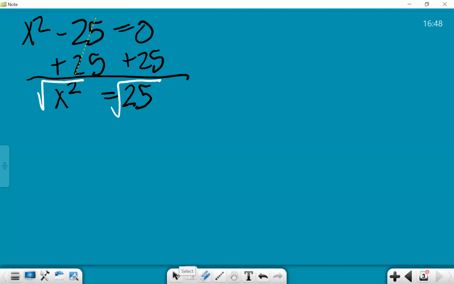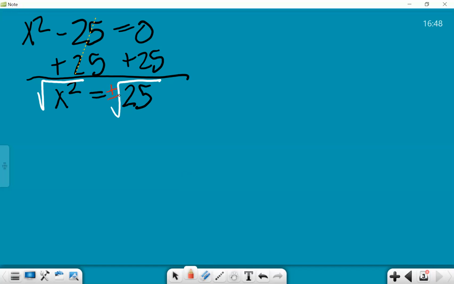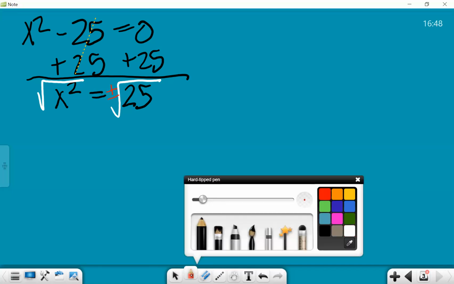Square root both sides, square root of x squared and the square root of 25. But remember, before we had two solutions, positive and negative 5. So in order to get both the positive and negative version, we're going to be using both a plus and a minus when I take a square root in an equation. So whenever I take a square root in an equation, remember the plus or minus.